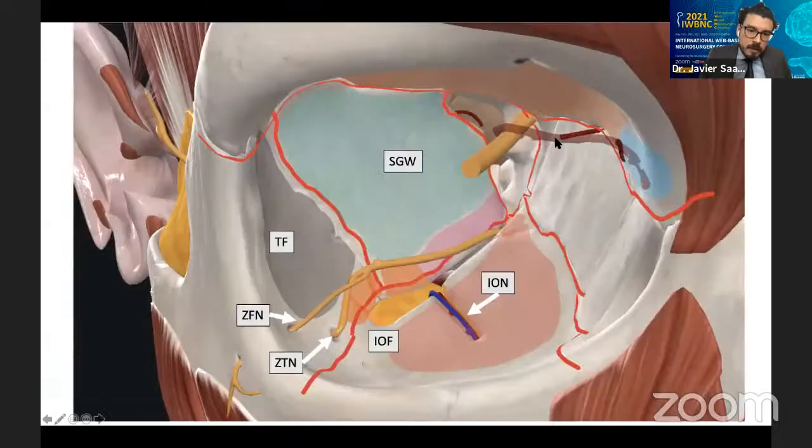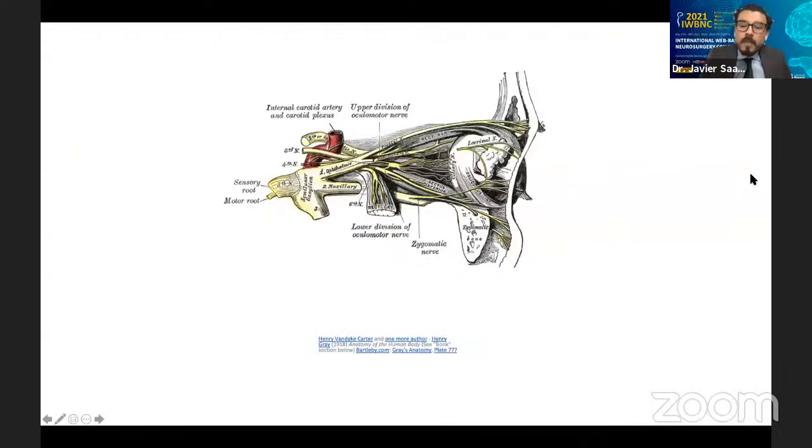This is just an anatomical tip: for doing the dissection inferiorly, you have to cut these nerves, the zygomaticofacial and zygomaticotemporal nerves, which are branches of the maxillary nerve. There are no really big adverse effects of cutting these nerves because they have connecting branches with other branches of V2.